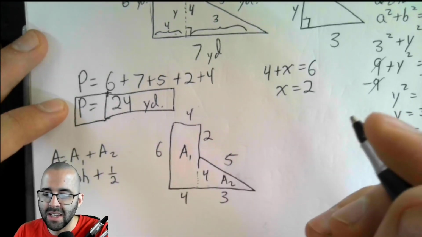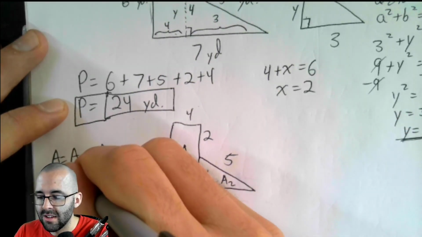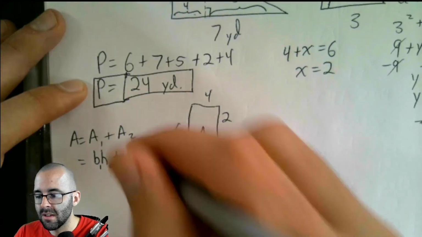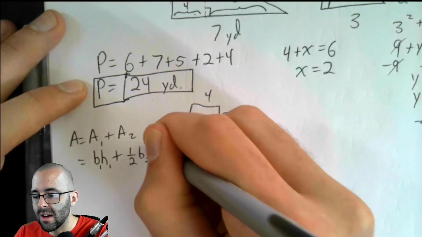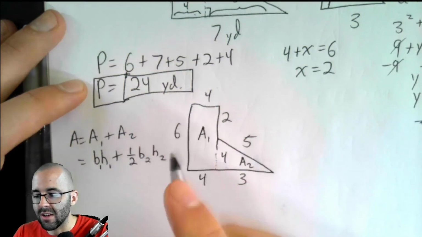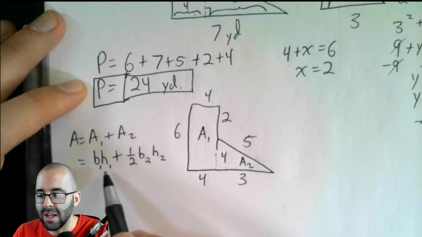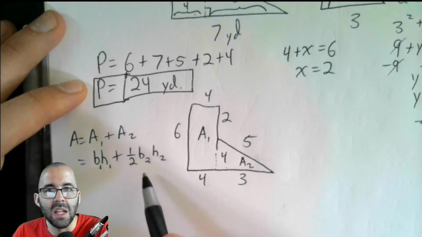Well, they're different bases and different heights though. So I'm going to call this base 1 and height 1, give a little subscript. And this is going to be the base of the triangle and the height of the triangle. So the subscripts just show that this b is different from this b. We'll call this b1 and b2.